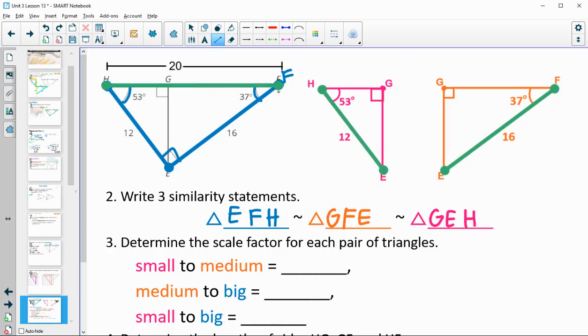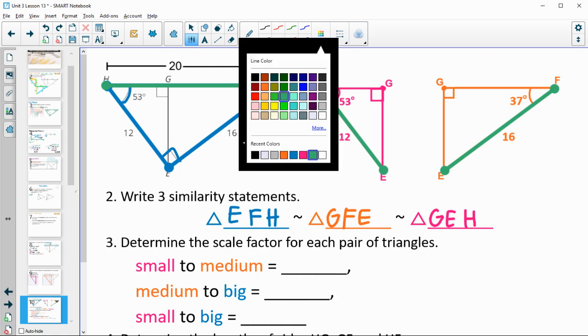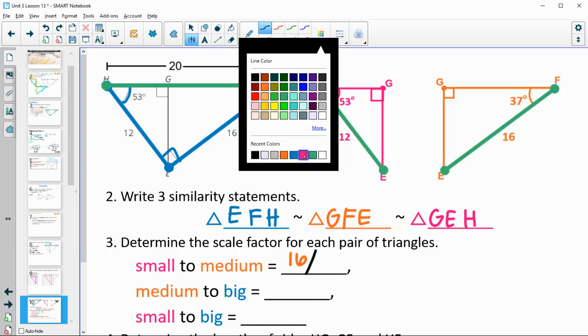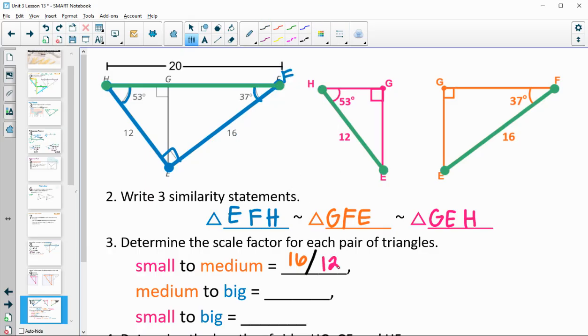That will help us get the scale factor. So we want to compare similar parts here. And so when we do small to medium, okay, so we're going small triangle to medium triangle. Remember, you want to take the new measure first. So 16 divided by the original measure, and that is 12.